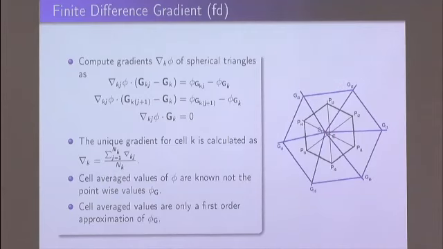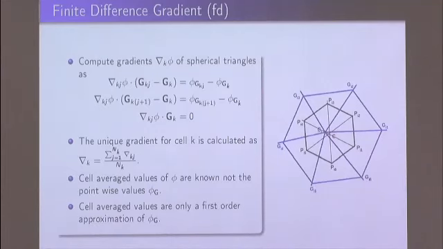And lastly, we assume that the gradient is tangential at the cell center of the hexagon. After computing these 6 constituting gradients, to compute the unique gradient, we just take a simple average of these 6 gradients.